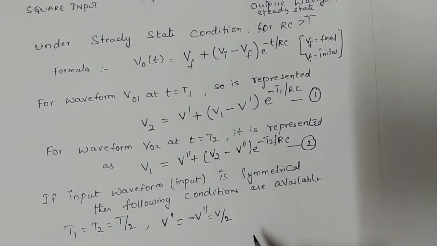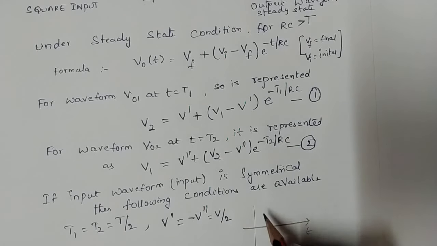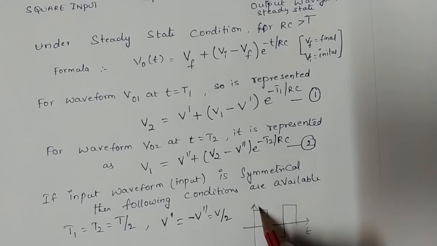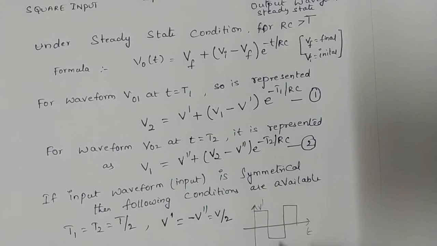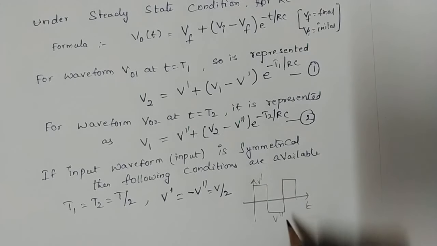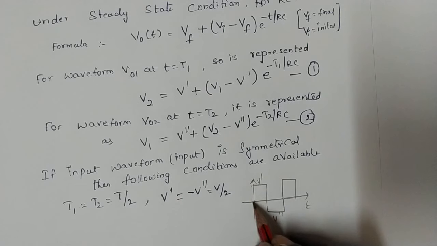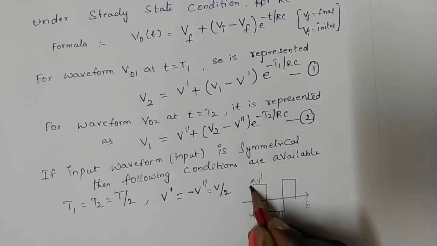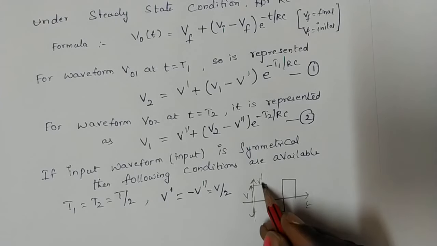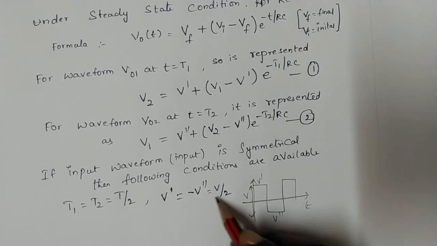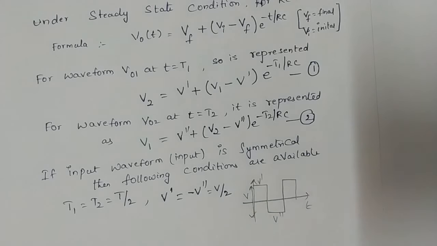See here, if this is the input waveform, which is a symmetrical one, the amplitude is V dash, and the negative side is V double dash, and the amplitude from peak to peak is V. Now V dash equal to V double dash equal to V by 2, the total amplitude by 2.